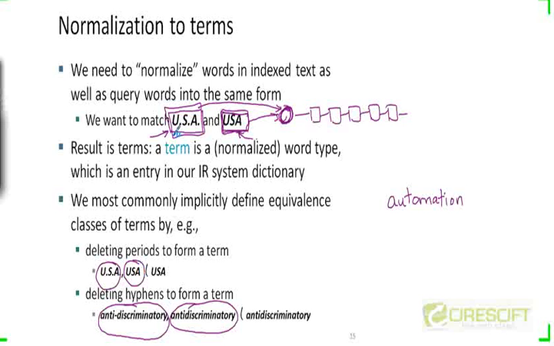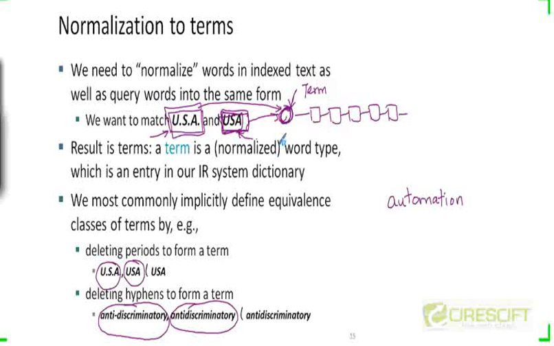For example, if your query is USA without the dots, documents mentioning USA with the dots are also relevant to your query. So that is why we map both these words from the original documents to the same token, so to the same term, sorry. Recall the difference between a term and a token.